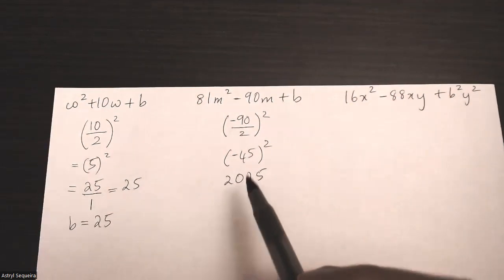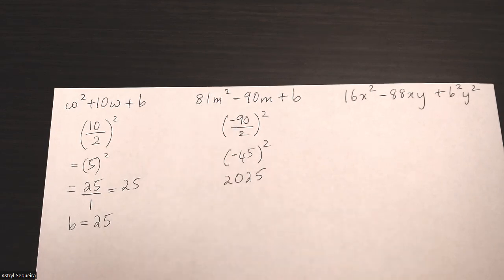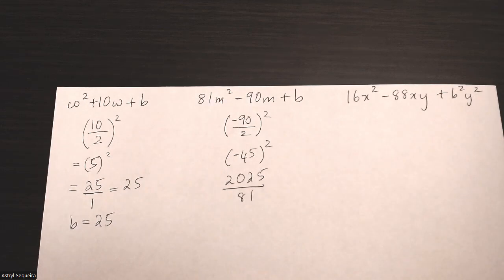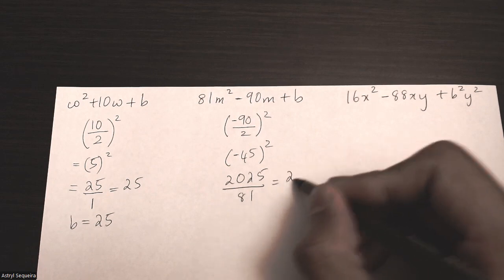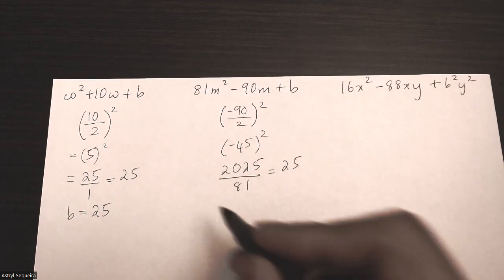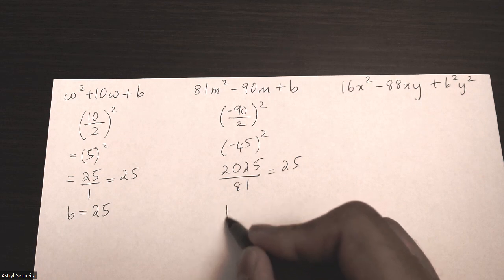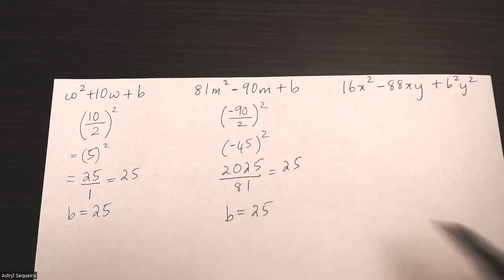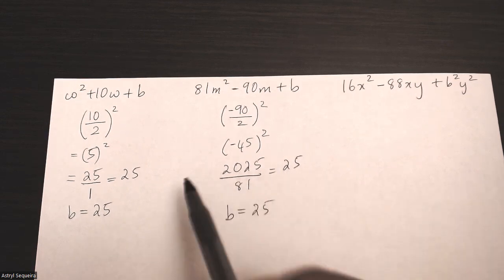Once you get this value, you want to divide it by the number in the front, which is 81. So 2025 divided by 81 is just 25. So then you will just get, in this case, again, b equals 25. It's just a coincidence that it's the same answer in these two cases.